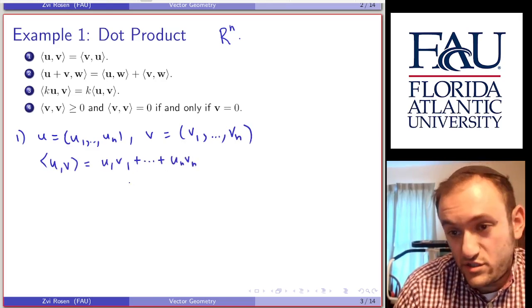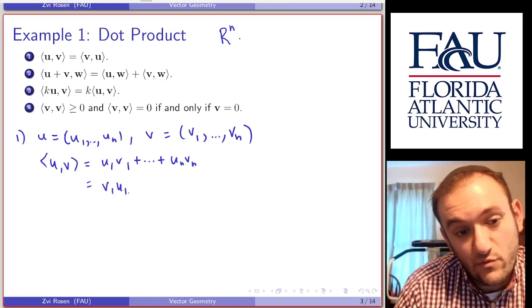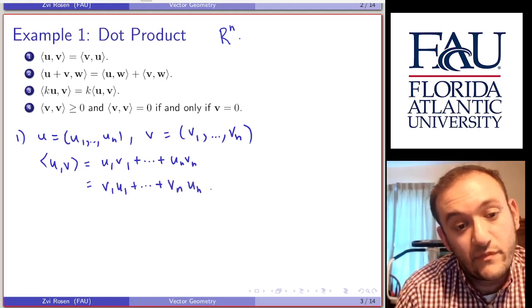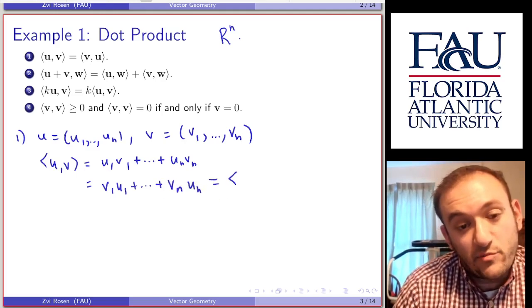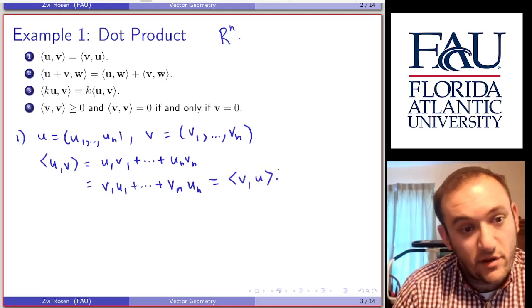Okay, and each of these is just normal multiplication on the coordinates. But that's obviously equal to v1 u1 plus up to vn un. And that's the inner product of v with u. So clearly we have symmetry in the dot product.